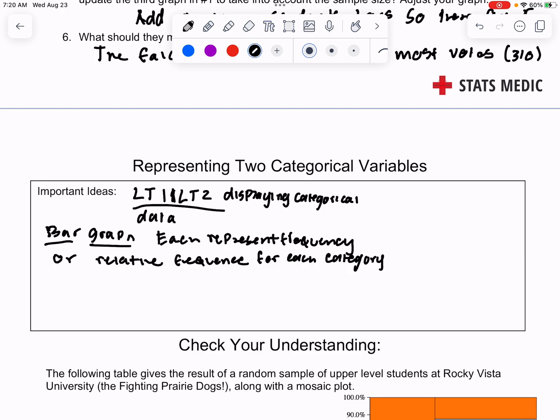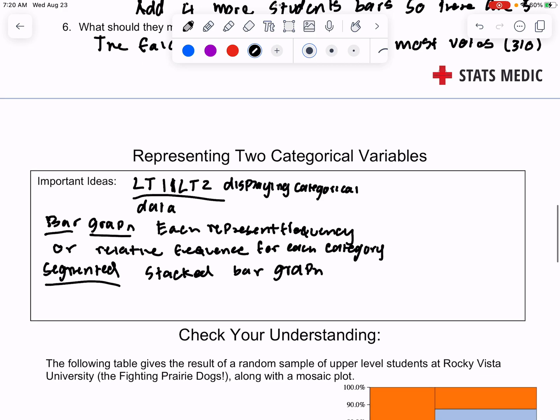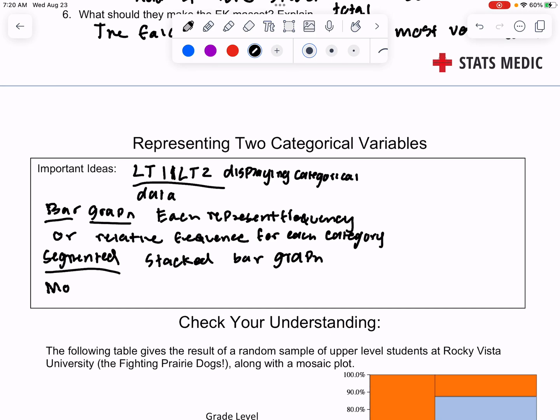The second one is a segmented bar graph. And that one is just a stacked bar graph. So instead of side by side, we have a segmented graph where they're stacked on top of each other. And then the new one is the Mosaic plot, right?